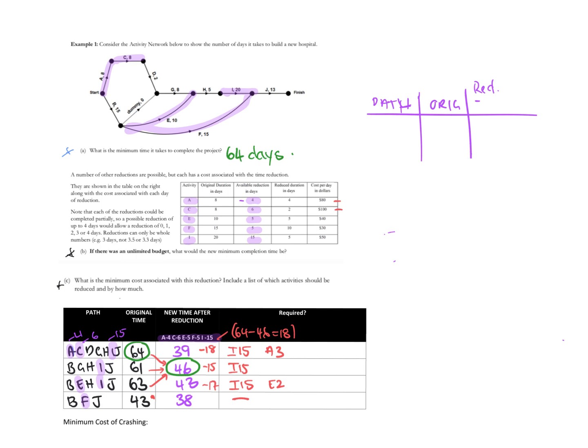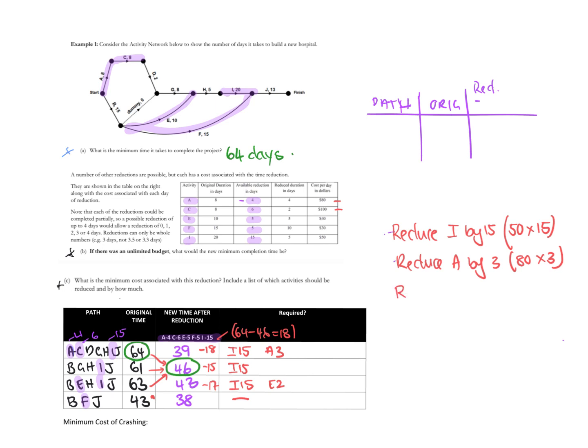So now you can see what you need to do. You need to reduce I by 15. I costs you $50 a day, so 50 times 15. You need to reduce A by 3. A costs you $80 a day, so 80 times 3.